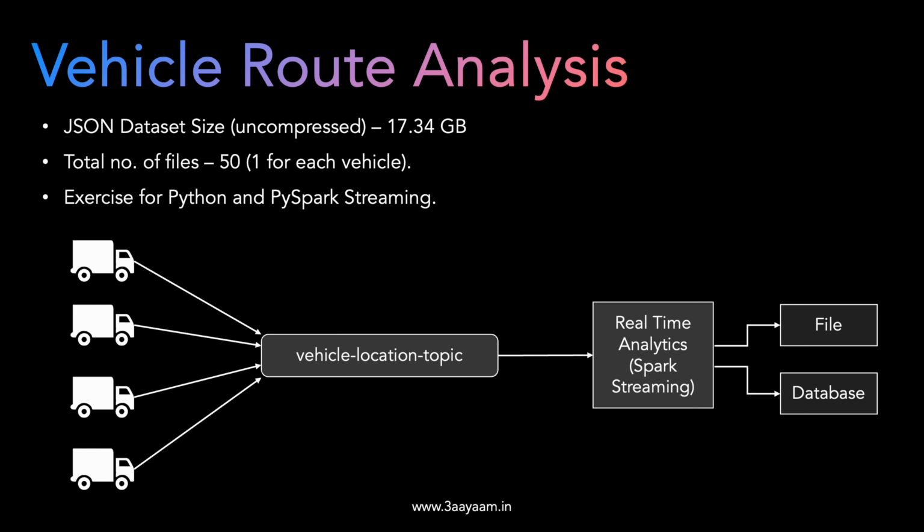Now, once the location is received, it would be analyzed to see whether the movement is correct or not, or the route is correct or not, whether there are any deviations or not. And that analysis would be a real-time analysis, which would be done by Spark streaming mostly. And then you can store it in a database. I'm showing you a file here because in our case, it has to be both file and database. You have to implement the application in such a way that the output is saved both in file and database.